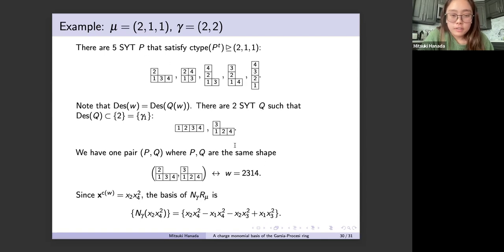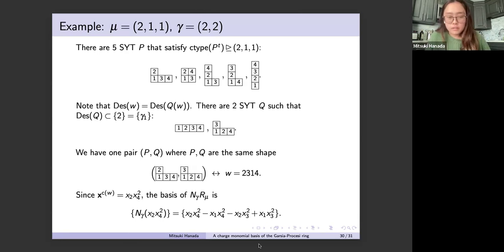It's this first one and this third one. So this pair gives us one permutation. From the permutation, we can construct the charge monomial in the exact same way as we've been doing. So we take that word, we cycle around, we do 0, 0, 1, 2. And then finally, we apply the anti-symmetrizer with respect to, in this case, gamma 2, 2, to produce this polynomial.